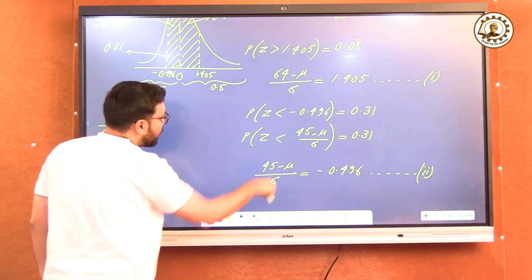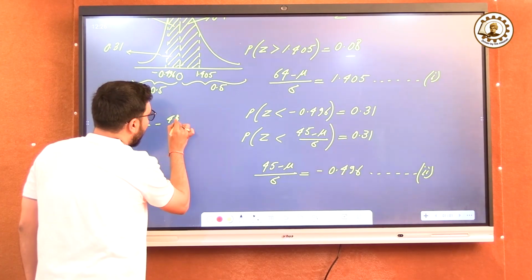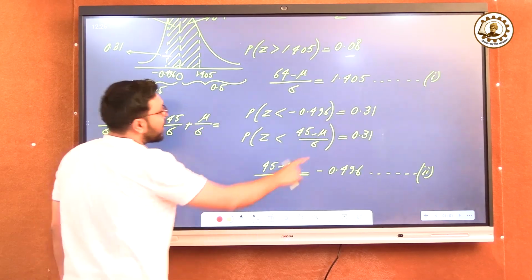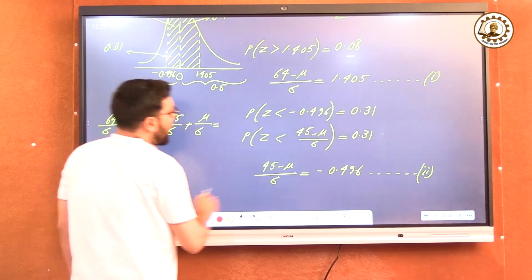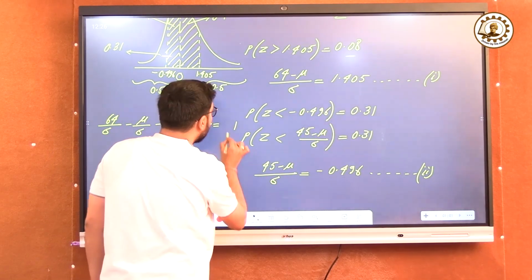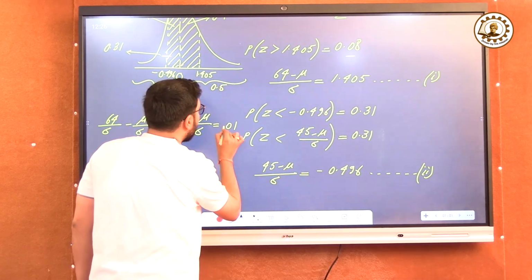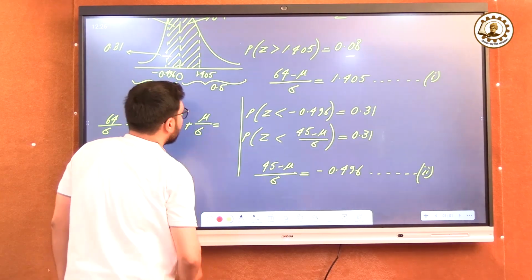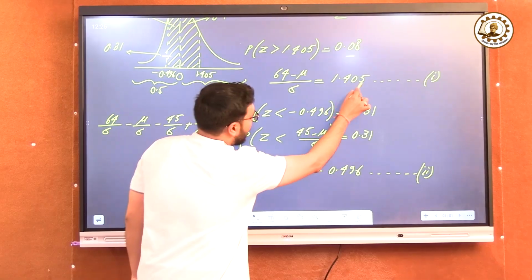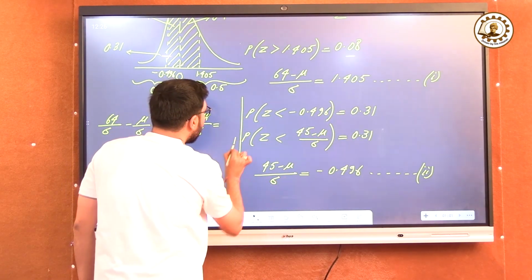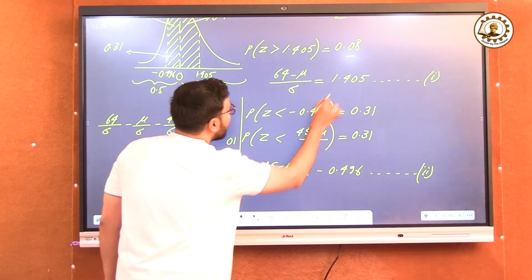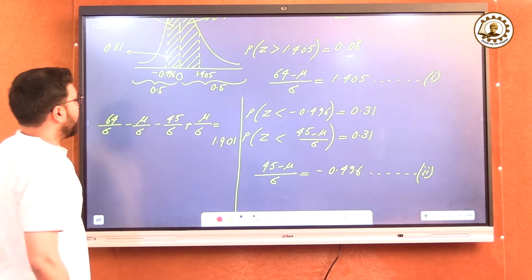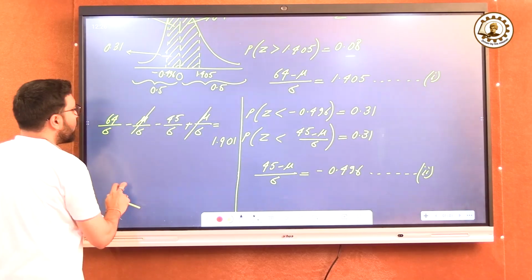Now taking the difference of these two expressions, minus 45 by sigma plus mu by sigma, the result of the difference is 19 on one side and 1.901 on the other. So I can cancel out this mu by sigma.